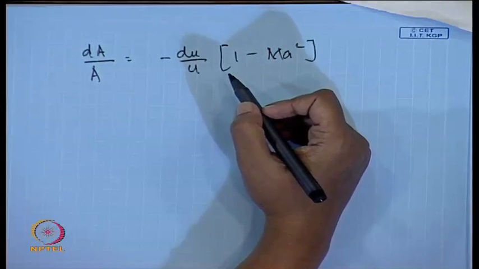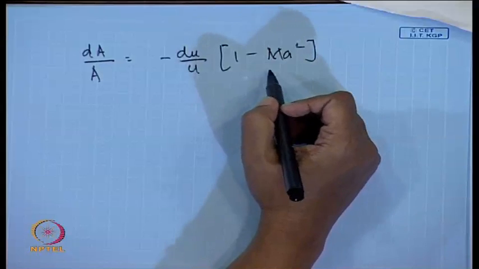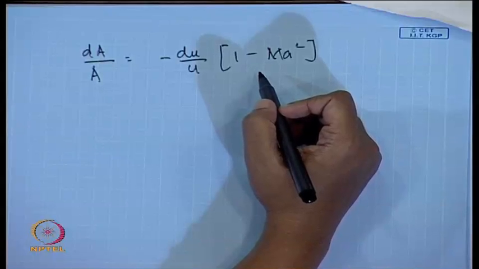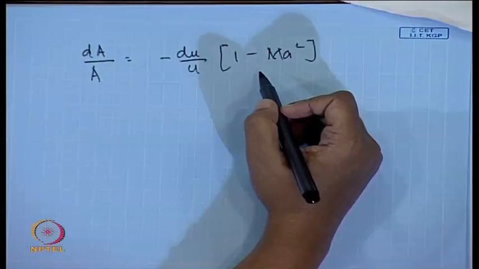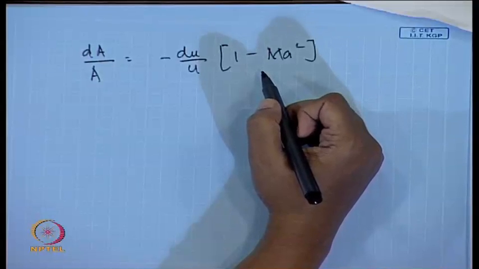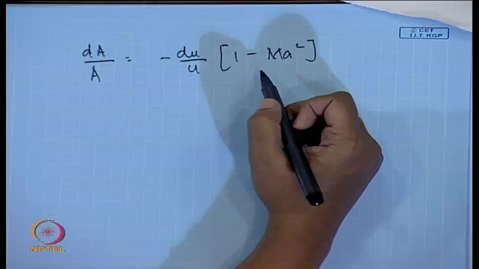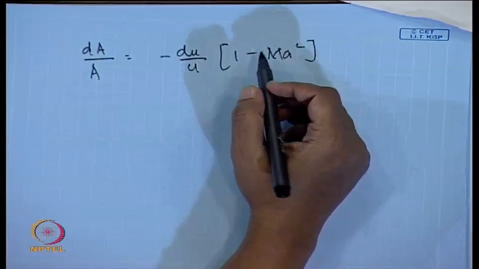We find that for Mach number less than 1, an area change causes a change of velocity of opposite sign. Positive dA means negative du for Mach number less than 1, and for Mach number greater than 1, an area change causes a velocity change of the same sign. So, from this what do we deduce?